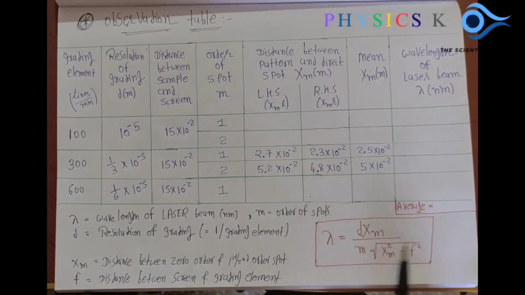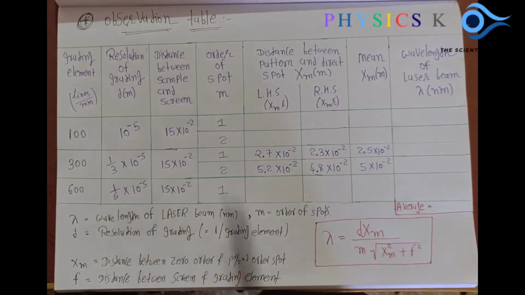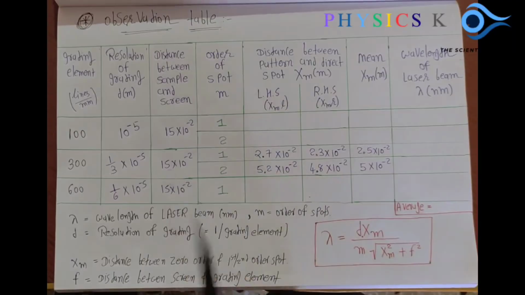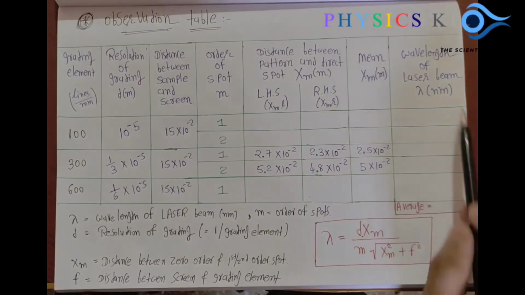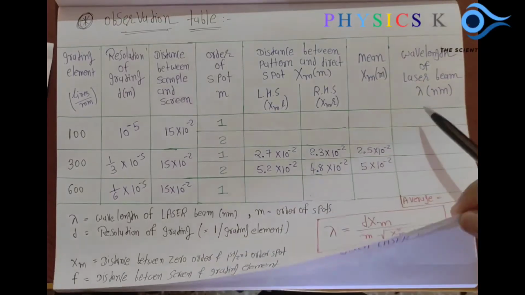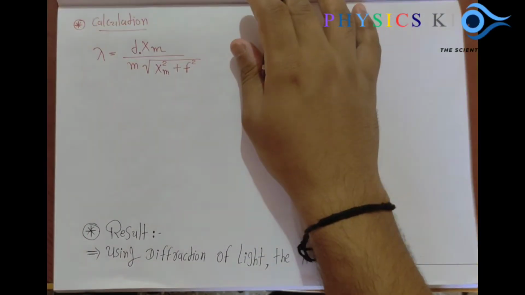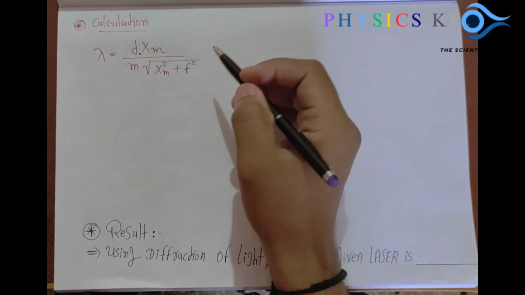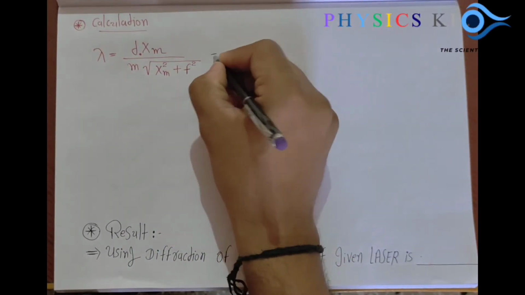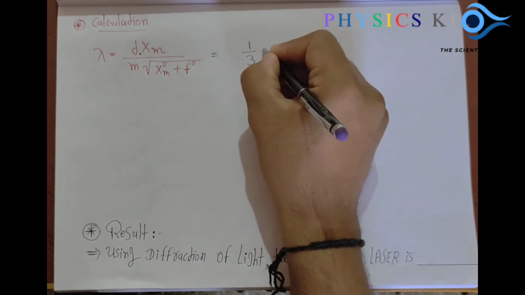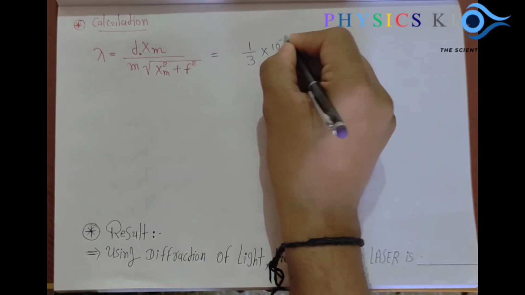Simple. Now I am using this formula, putting all the values in this formula. So let's check how much wavelength I found. Let's start with the d. What is d? d, which is the resolution of grating, I am writing for 300, it is 1/3 × 10^-5.